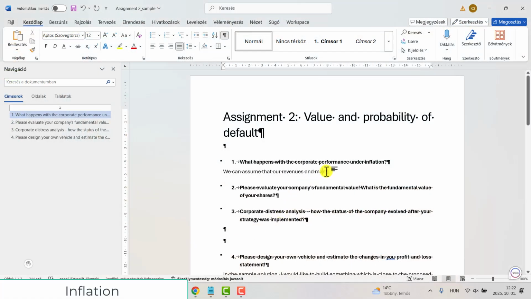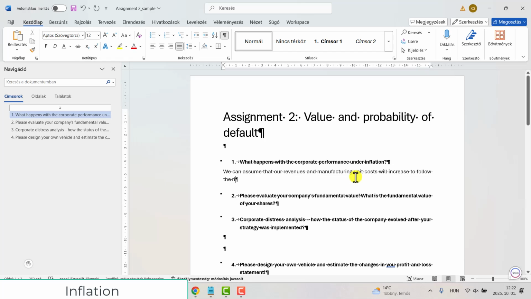Revenues will increase to follow the rise of producer price indexes. While obviously wages should reflect consumer price indexes.